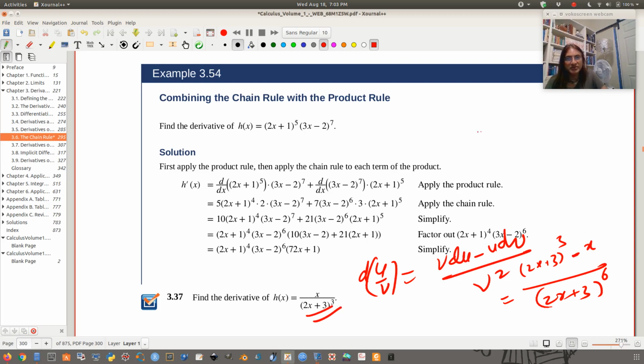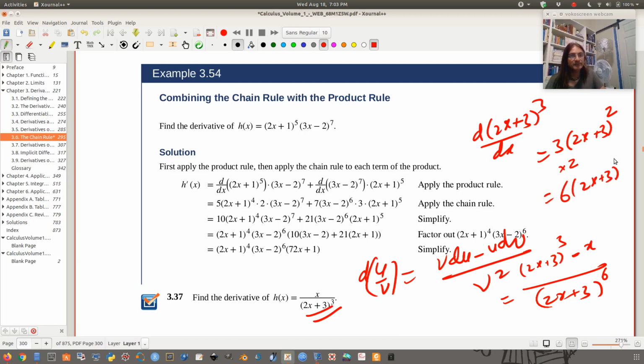What is the derivative of (2x plus 3) cubed with respect to x? It's a composite function, right? So g cubed becomes 3 times g to the power n minus 1, so 2, times the derivative of 2x plus 3 with respect to x, which is 2. So it becomes 6 (2x plus 3) squared. So you put this here. So it becomes 6x (2x plus 3) squared.